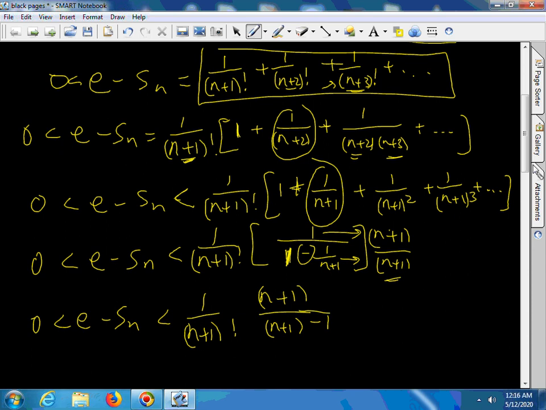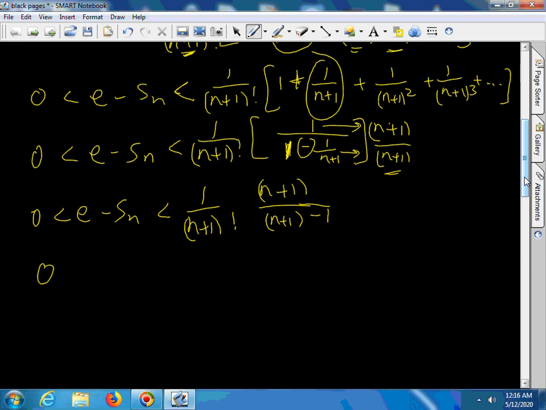So a couple of things happen here. 0 is less than e minus s sub n, which is less than 1 over n plus 1 factorial times n plus 1 over n. I cancel the n plus 1 on top and one factor of n plus 1 in the bottom, and I will be left with n factorial. All that survived is 1 over n factorial times n.